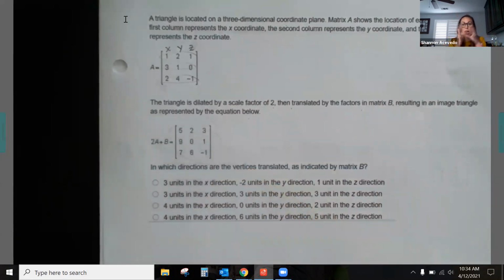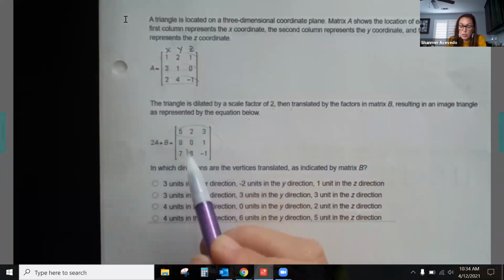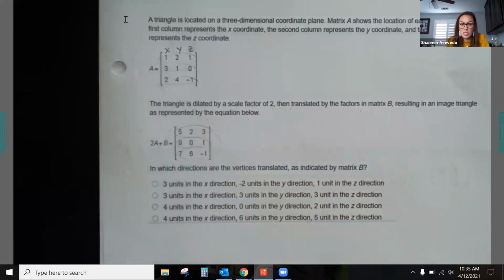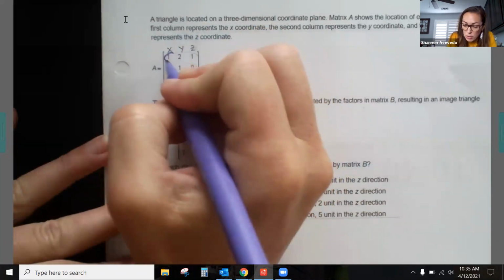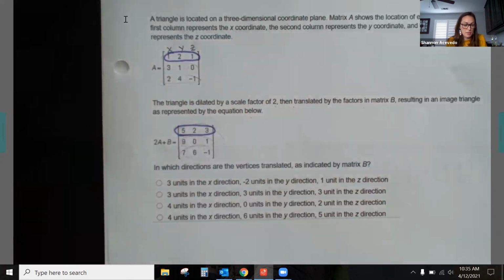So when I do 2 times this A, I enlarge it, and then I shift it over by this amount B. When I do that, I end up with this as my new vertex for the first one, this for the second vertex, and this for the third. So this is my A, my original, and this is where it ends up.